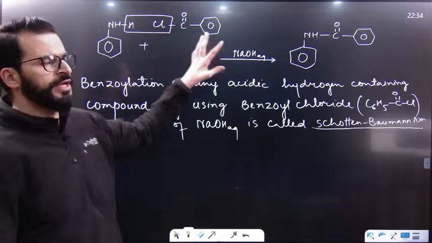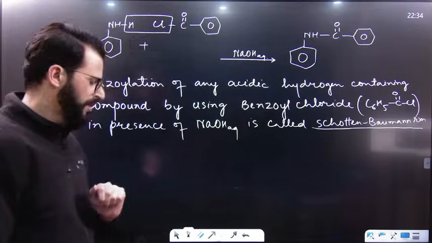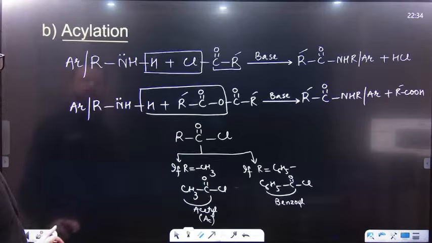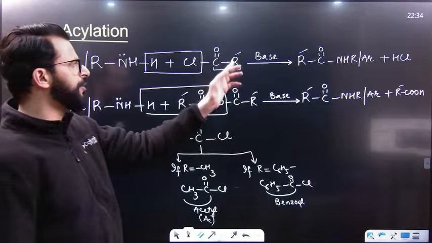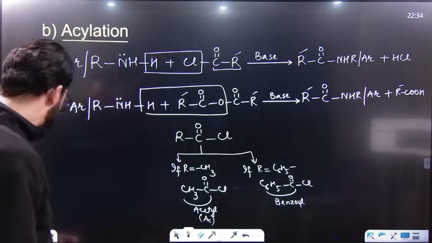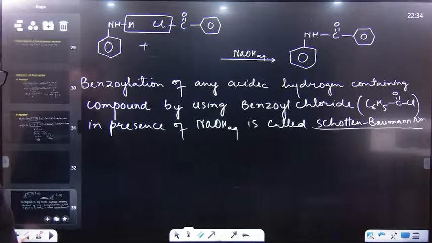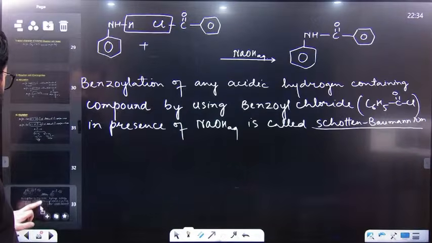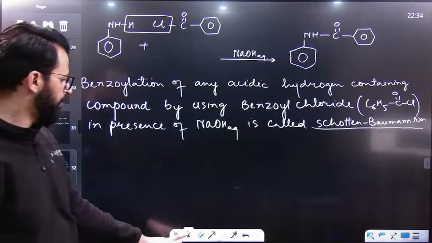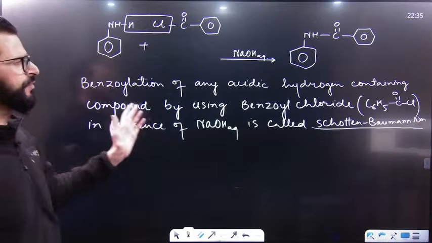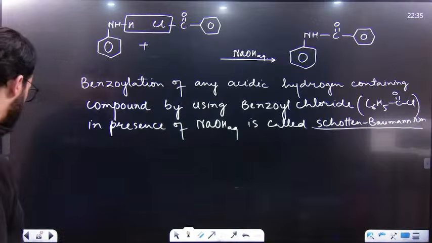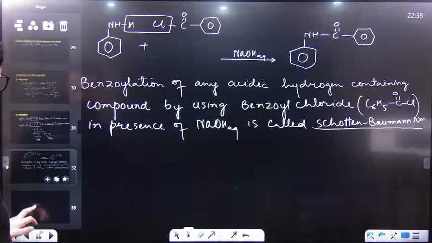So can I say this is one of the examples of Schotten-Baumann reaction? But it's not necessary that we will do only benzoylation; we can do acetylation as well. But this is what we call benzoylation, the benzoylation of acidic hydrogen containing compound aniline. That's why this reaction is known as Schotten-Baumann reaction.